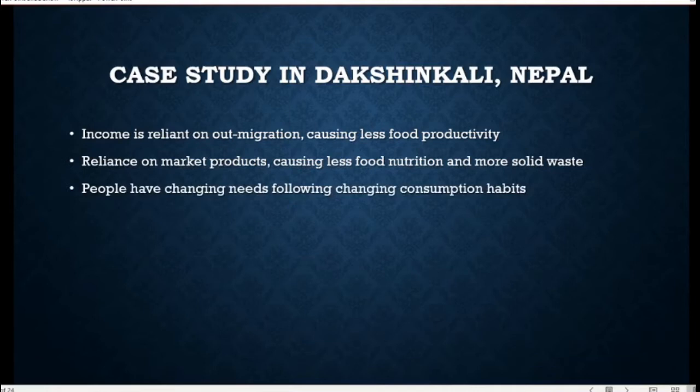And also, one important observation that I had is that people have changing needs following changing consumption habits. The definition of sustainable development talks about how we should try to fulfill the needs of the current generation without compromising the ability of future generations to fulfill their needs. If you remember, in one of my previous lectures, I was talking about how tea becomes a necessity in Nepal, even though it was not so a few decades ago.